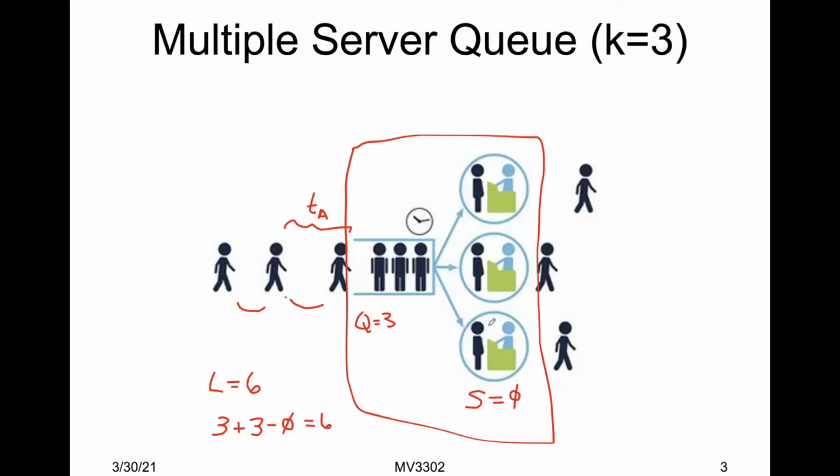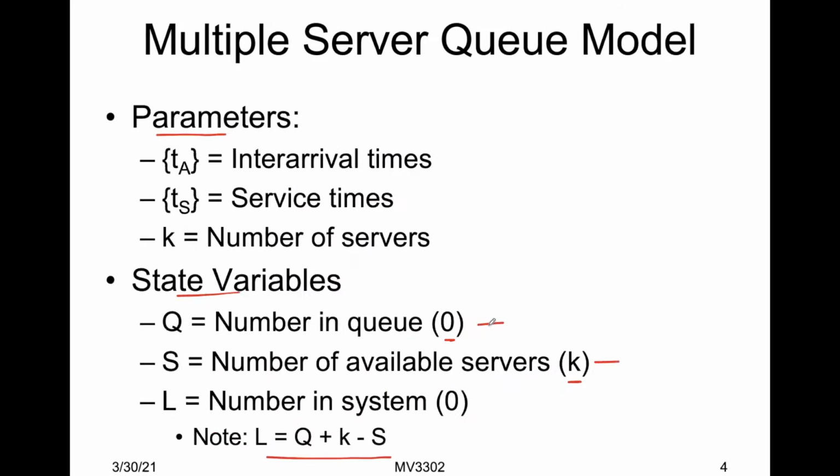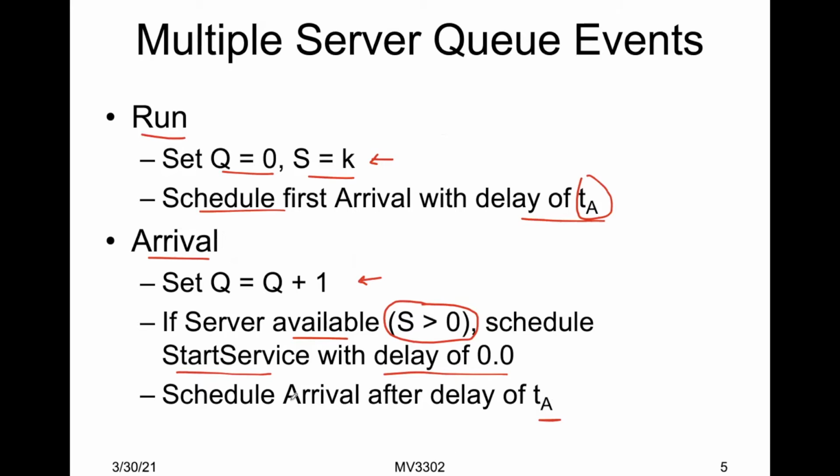They are typically the time from now until some event in the future. So we schedule another arrival after the delay of T sub A. Basically, the arrival process is embedded into this model.